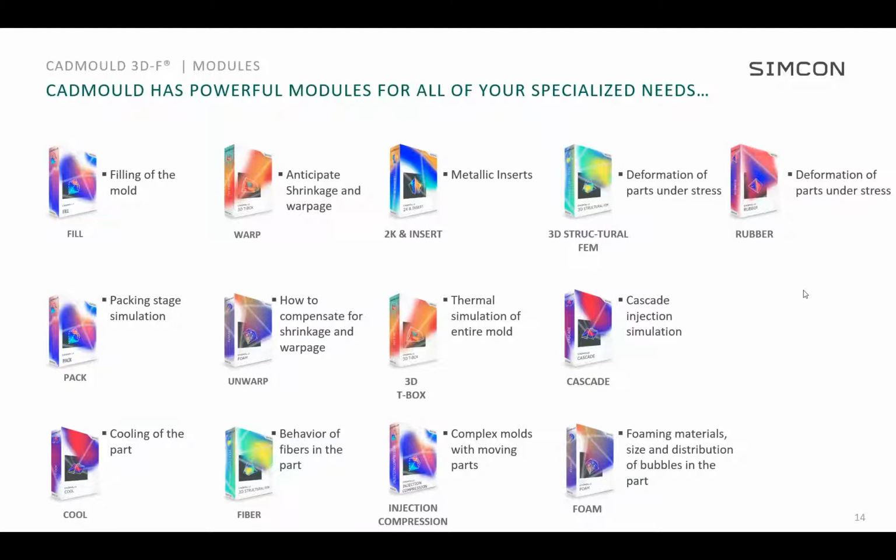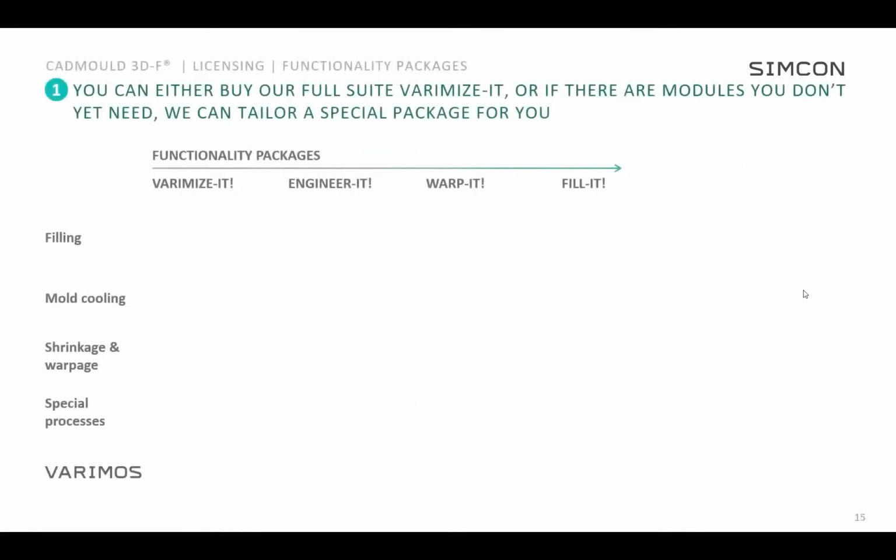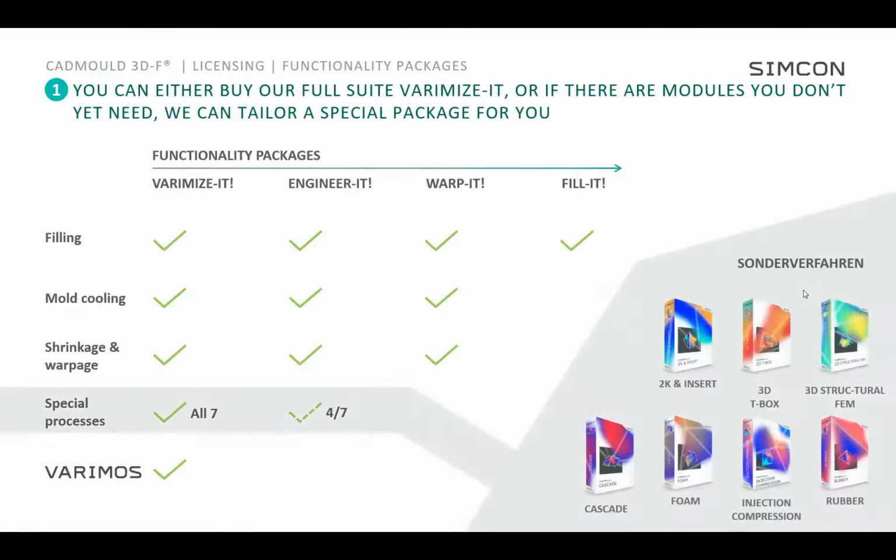So one can customize the software for your particular application, and Simcon has developed key packages for key applications in key industries. So here is a selection of some of those packages.